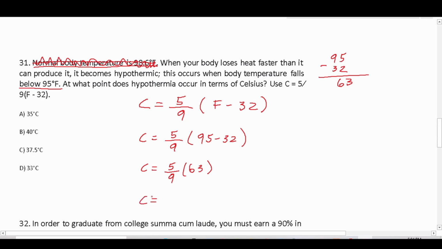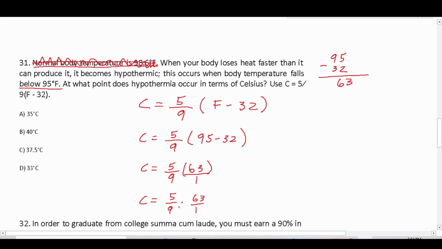And as I just mentioned previously, we can go ahead and reduce this by doing this. We can write this as 63/1. So this becomes 5/9 times 63/1.